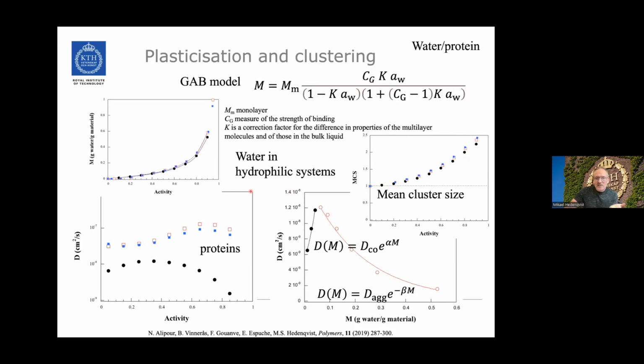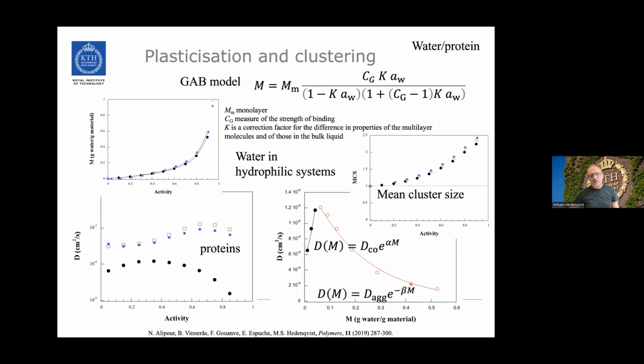So this clustering leads to the diffusivity, in this case, of water diffusing in proteins. You will actually see diffusivity that is increasing with concentration. You have plasticization, but you also have an opposite effect, a clustering effect. So if you plot the diffusivity versus the uptake of, for example, water, you will have this plasticization effect, but at higher contents of water, the clustering will dominate.